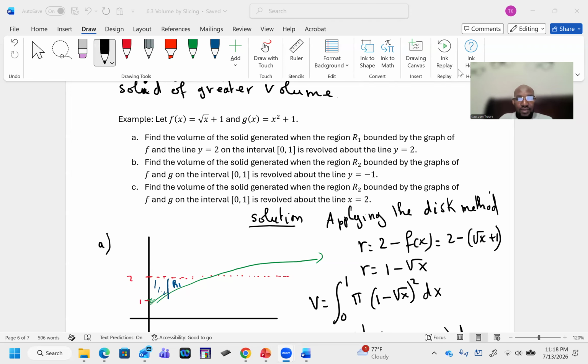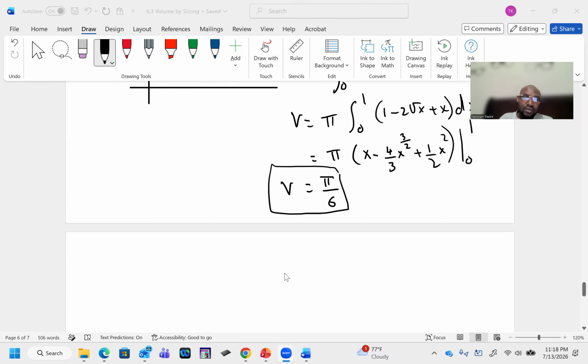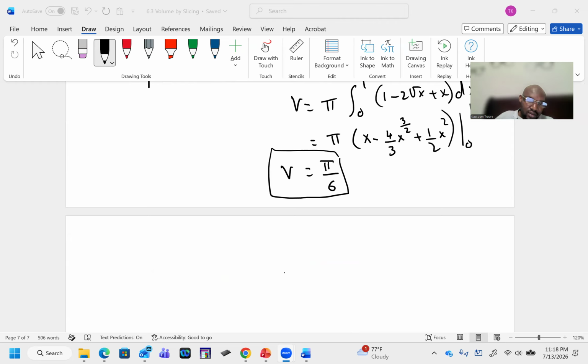So for B, when the graph of f is revolved about y is equal to -1, it sweeps out a solid of revolution whose radius, okay, so revolve about y is equal to -1.